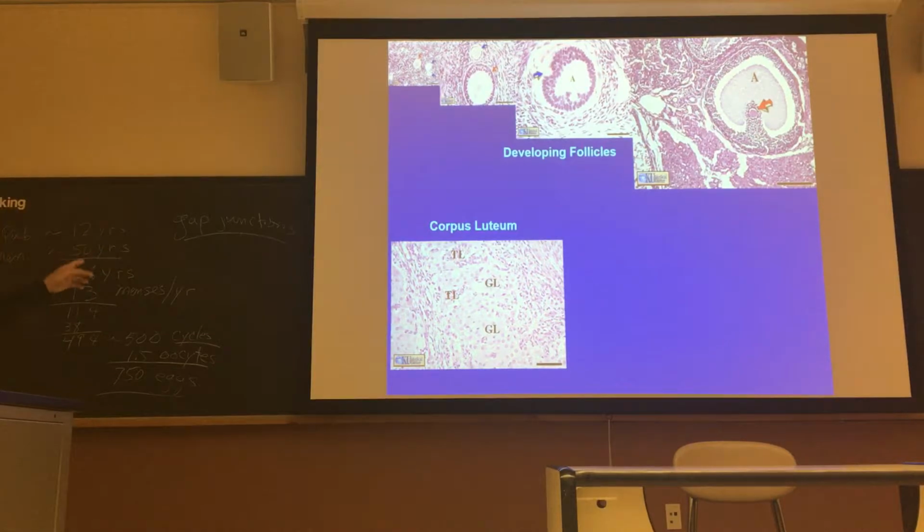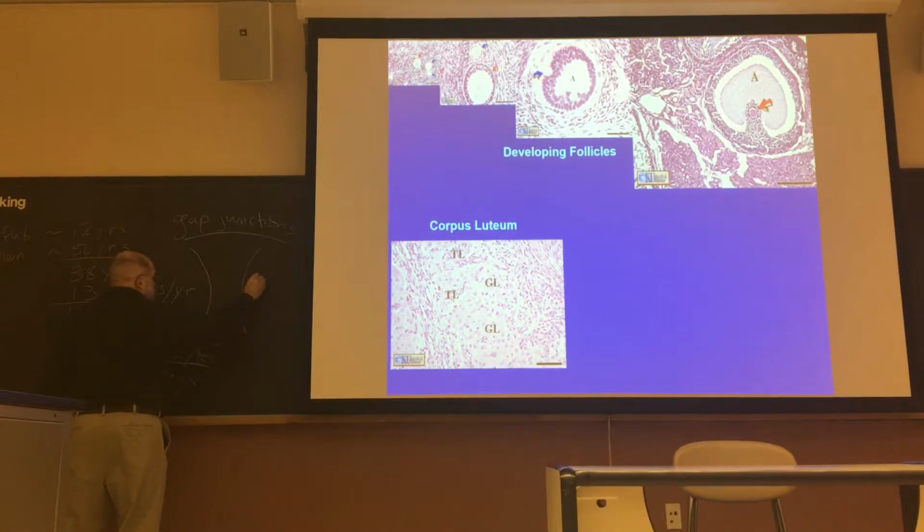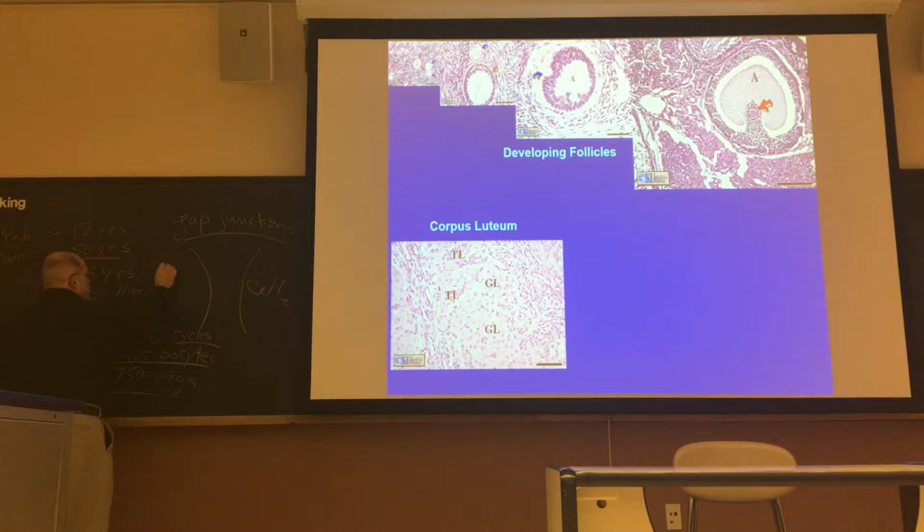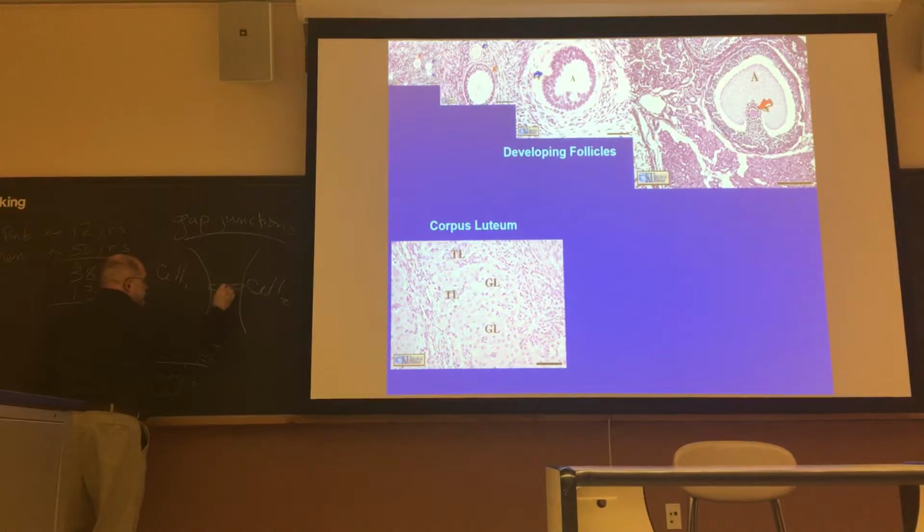In the gap junctions, you've got one cell over here, another cell over here, so cell 2, cell 1, and in between, you have proteins in each membrane that help to form a channel, an actual cytoplasmic channel between the two cells.